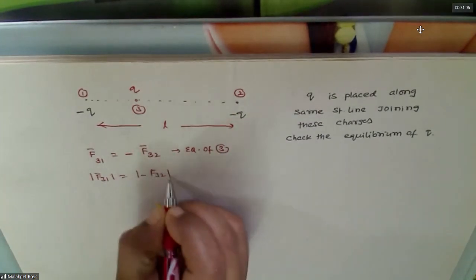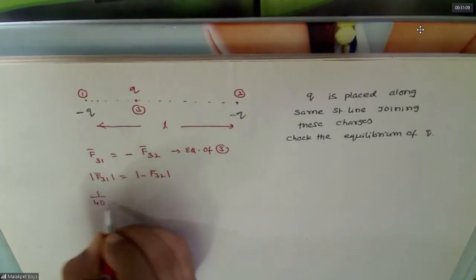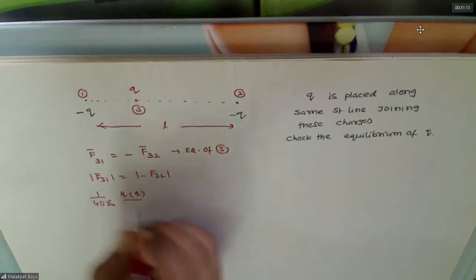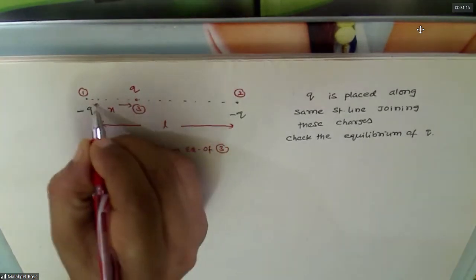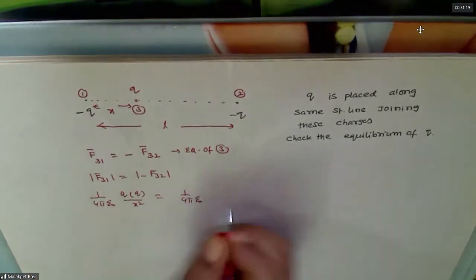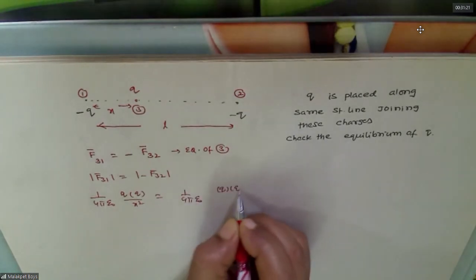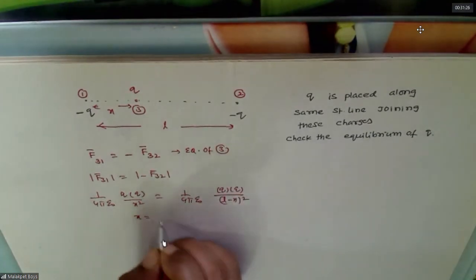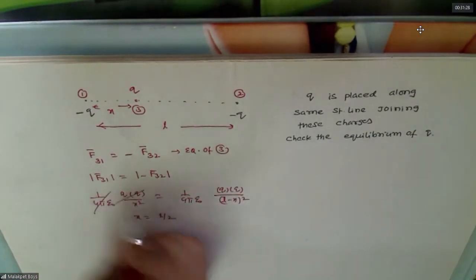Agreed, sir. This is nothing but 1 by 4 pi epsilon naught q into q. Say this is some x. I think you will get x exactly L by 2. You have done this many times now.